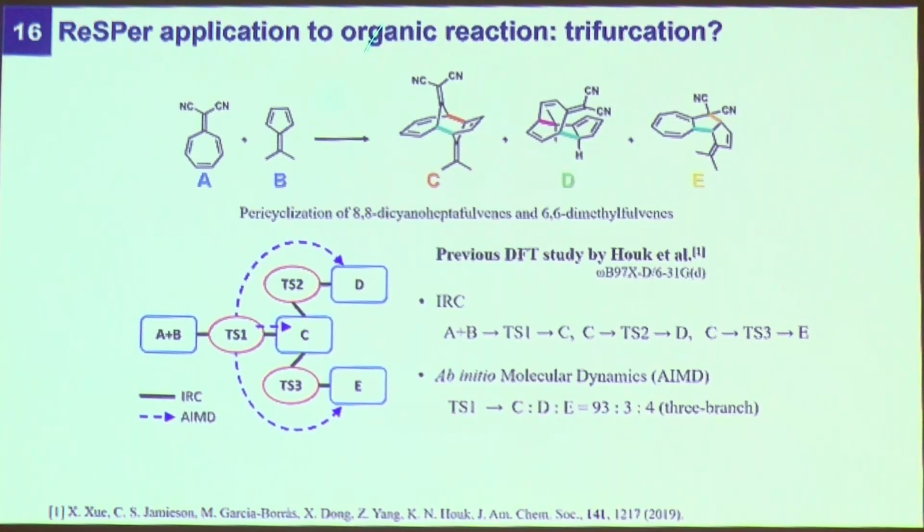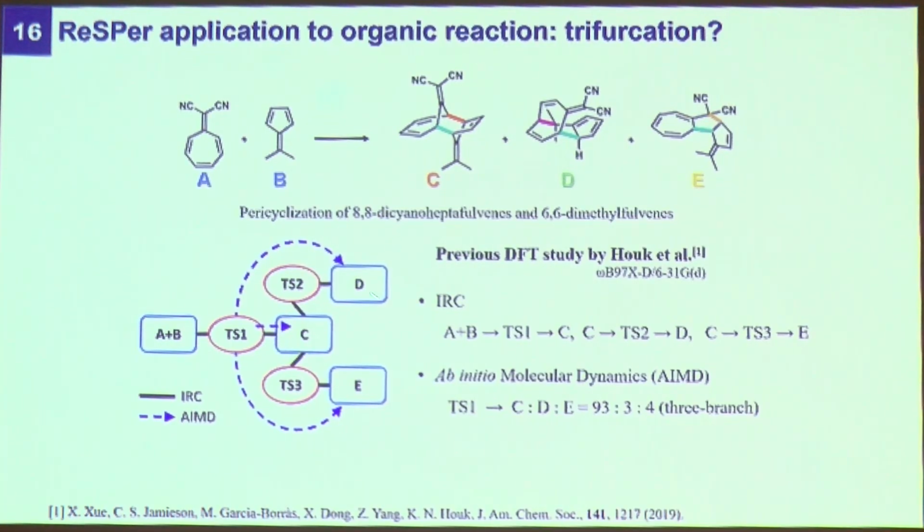So there are 3 different products that can be produced. And actually, the reaction IRC is connected from A plus B to C. So TS1 exists between A plus B and C. But there is no direct transition state between A plus B and D, or between A plus B and E.